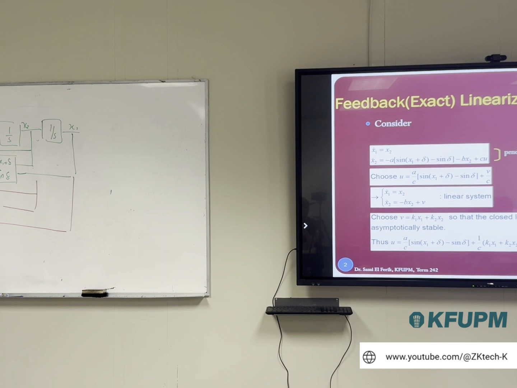And if I would like to make feedback, then all what I need to do is to take this here multiplied by minus K1, and I'm going to put over C just to make you happy. So multiplied by C. Let's keep it like this. K1 and then I take X2.